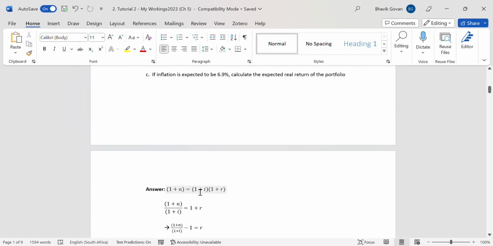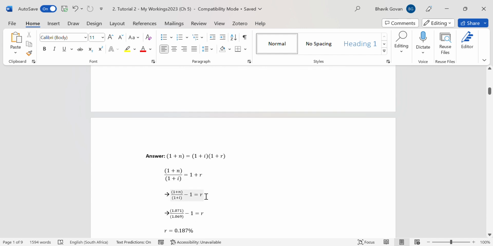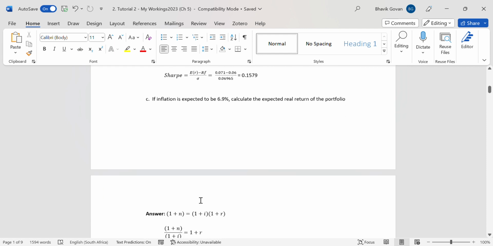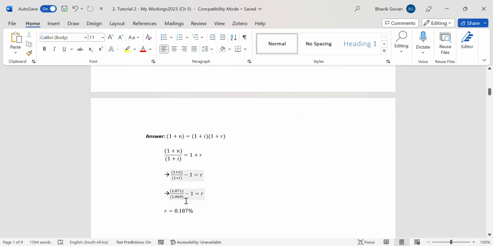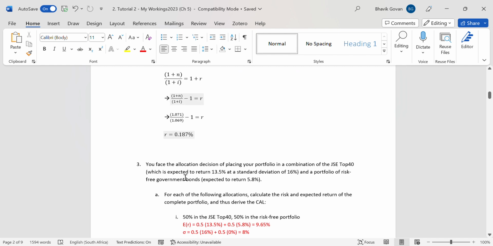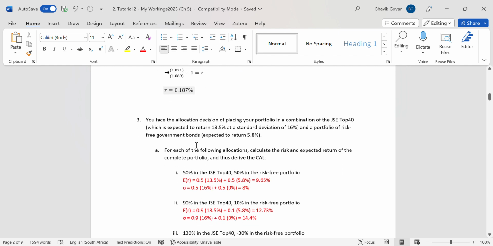So I can move 1 plus I to this side, and I'll basically get R is equal to 1 plus N over 1 plus I, minus 1. I can plug in the values of 7.1% and 6.9%, and I'm left with R equal to 0.187% as the final answer.